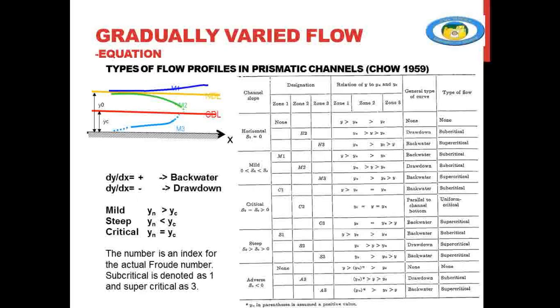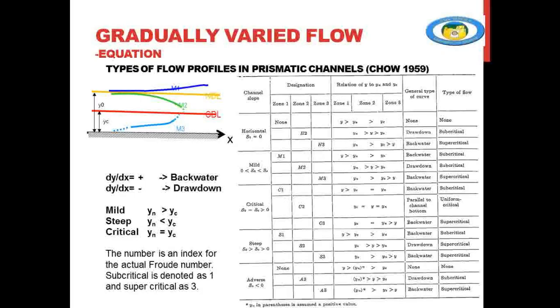The normal water depth you can compute from Manning's equation, and the critical water depth you have tried to derive. It's the cube root of q squared over g. So you just compare the normal depth and the critical depth.